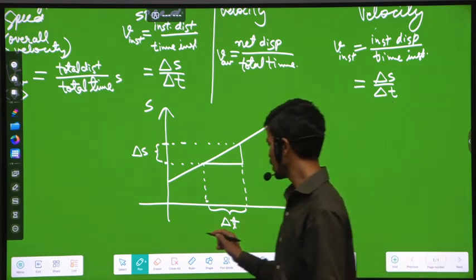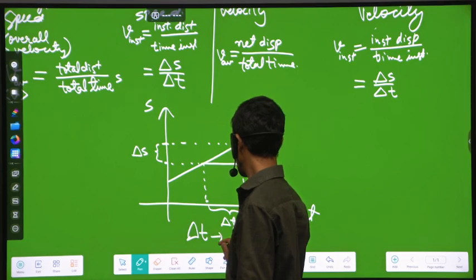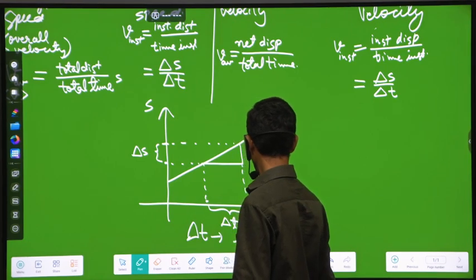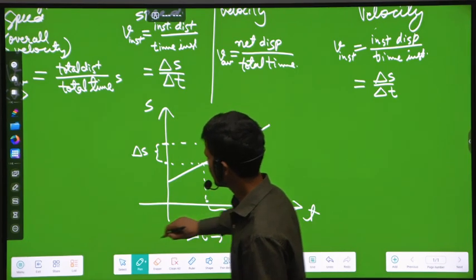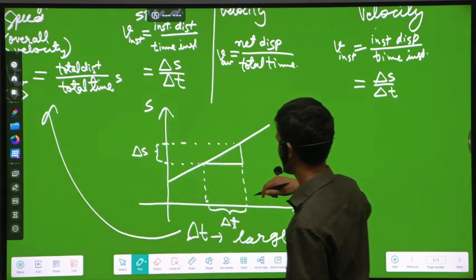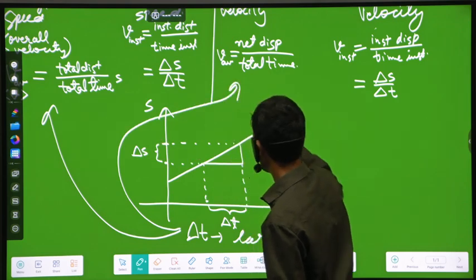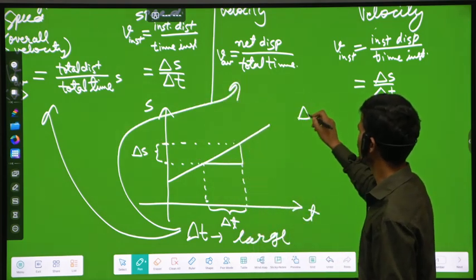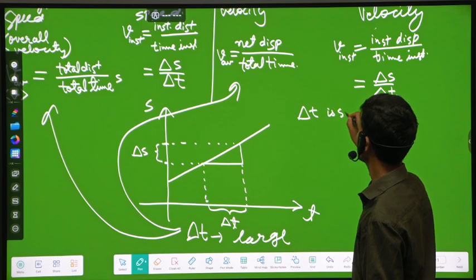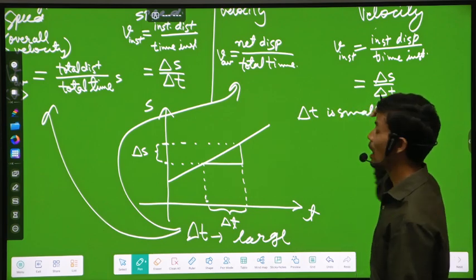So remember, if delta t is large, then the discussion will go for average speed or average velocity. But if delta t is small, now how small?